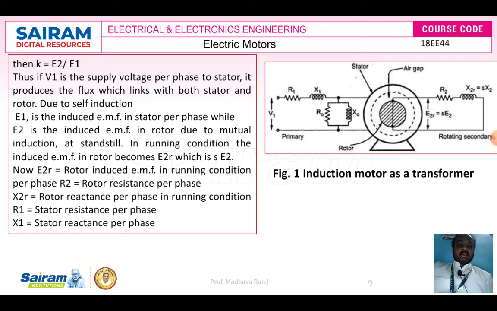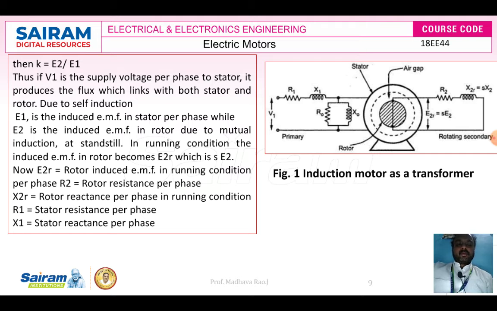In the running condition, the induced EMF in the rotor becomes E2R, which is S into E2. So in terms of slip, we can take E2R as S into E2.